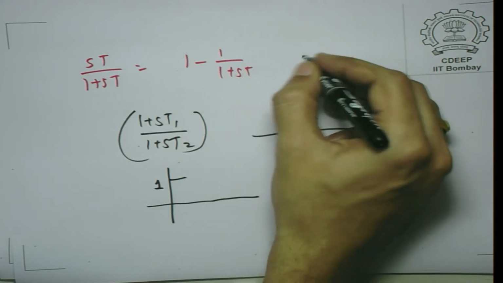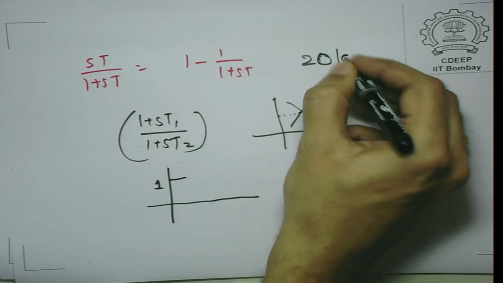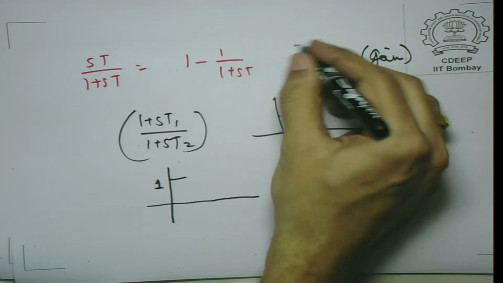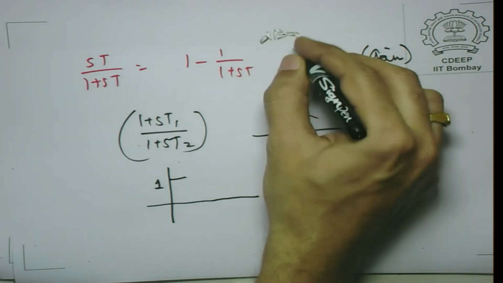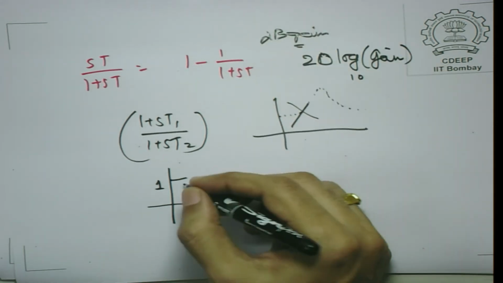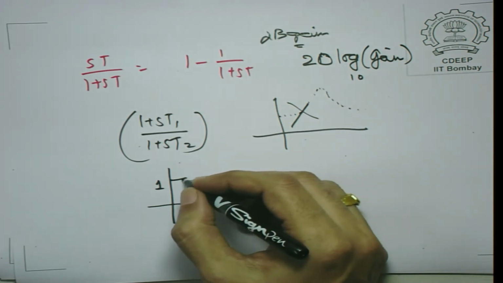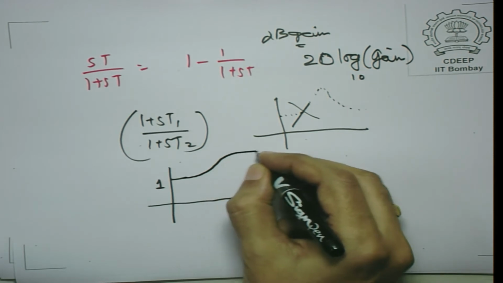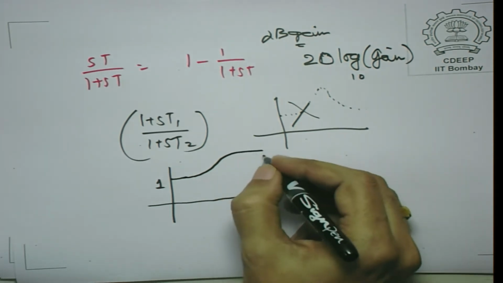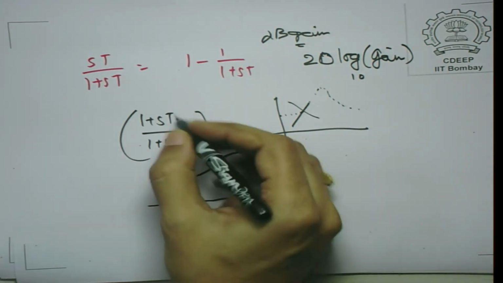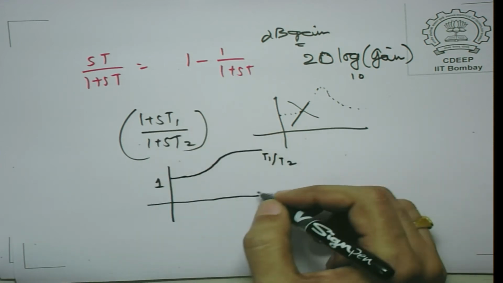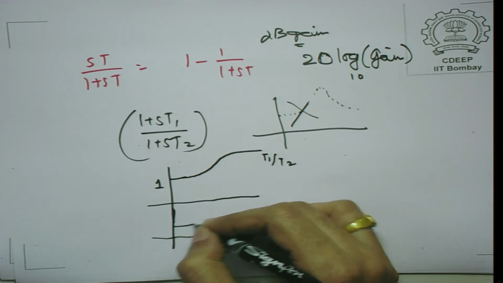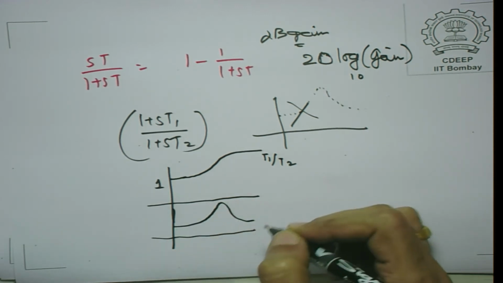20 log of gain to the base 10 is the decibel gain. So, this is something which you need to remember. Now, if T1 is greater than T2, you will find that this has a high frequency gain of T1 by T2, which you can of course obtain by putting s tending to infinity, whereas the phase has a bump like this.